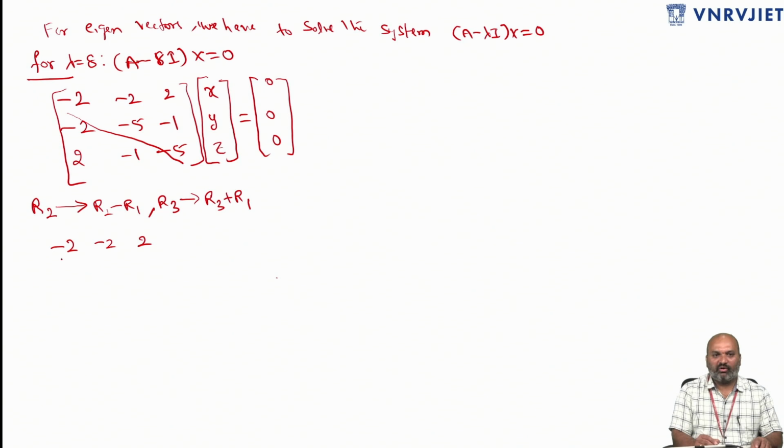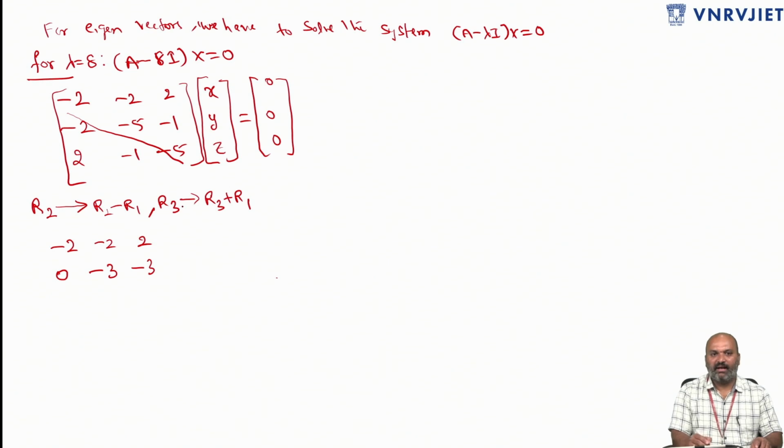Second row we are changing as R2 minus R1. What is R2? Minus 2 minus of minus 2 is 0. Next, minus 5 minus of minus 2 is minus 5 plus 2, minus 3. Minus 1 minus 2 is minus 3.